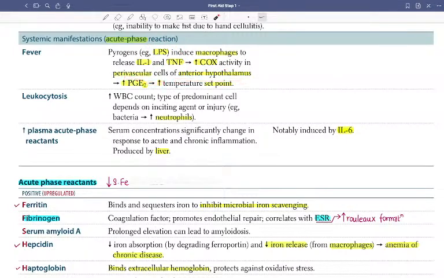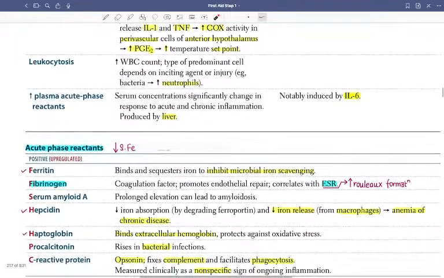Anterior hypothalamus was what? The front part, cooling. Increased PGE2 increases the temperature set point. PGE2 is not used for tumor, for everything else it is used, along with bradykinin. Leukocytosis: WBC count is increased, and neutrophils, all this.